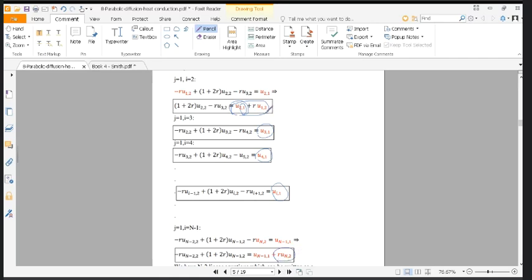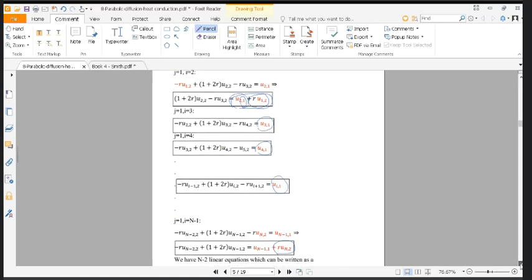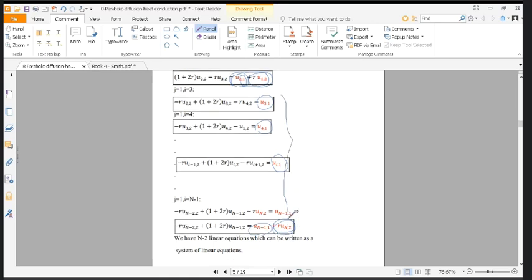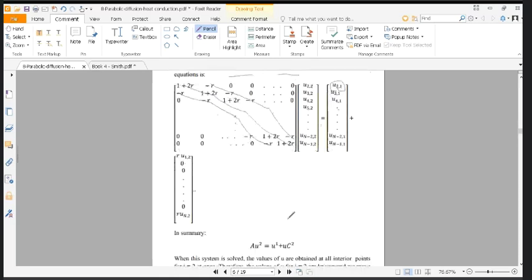For the first equation, in addition to u2 and 1, we have r u1 and 2. And for the last equation, in addition to u n minus 1 and 1, we have r u n and 2. And for the interior equations, we don't have this. And we have the extra vector for the first equation and for the last equation.